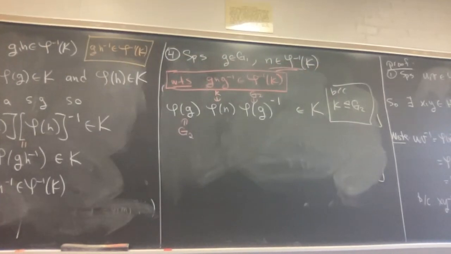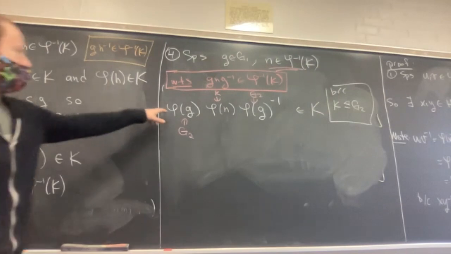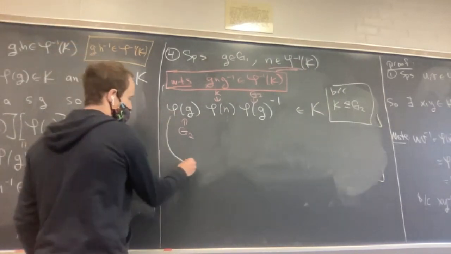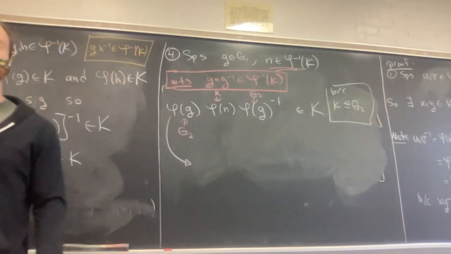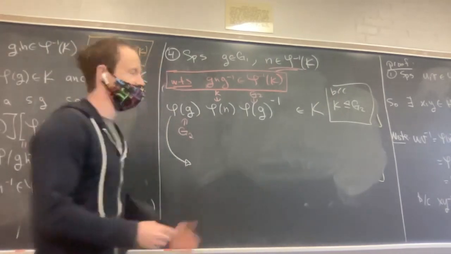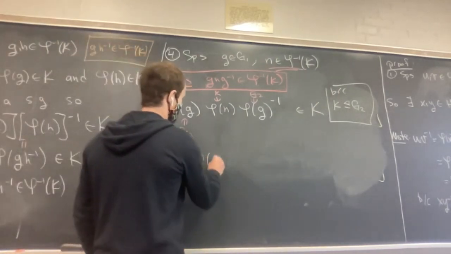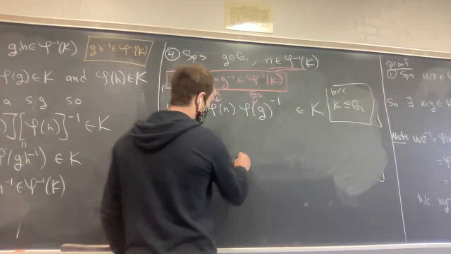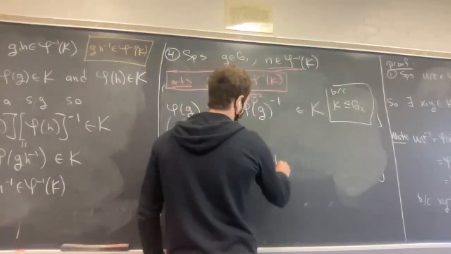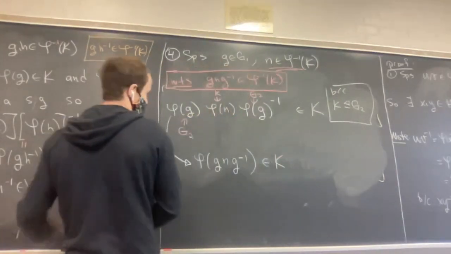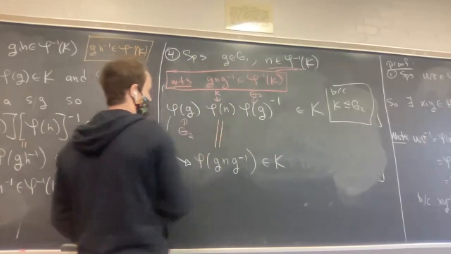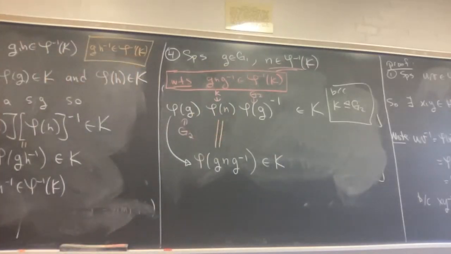But now we're home free. Now we can smash these together using the properties of homomorphism. So this is going to be phi of g n g inverse, but we know that that's in K. Here we just use the properties of homomorphism so those two are equal. So since the top one's in K, the bottom one's in K.